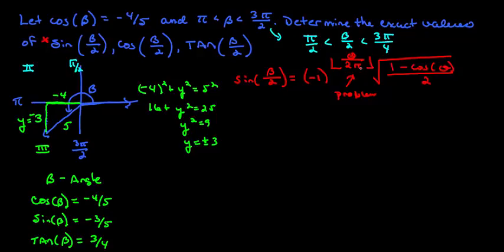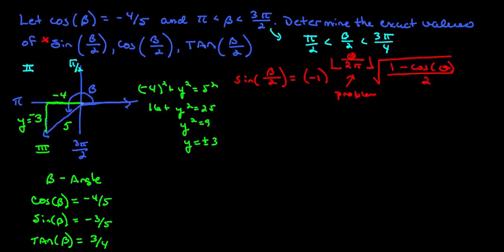The only thing that we can tell you is that since our angle beta over 2 has to fall between pi over 2 and 3 pi over 4, let me draw 3 pi over 4 on here for you.